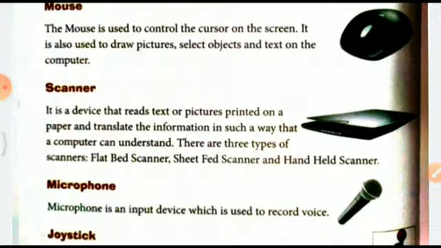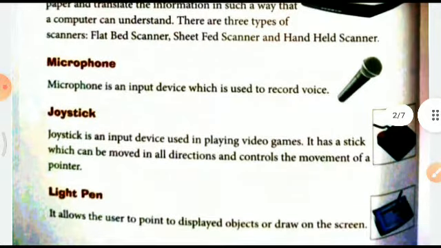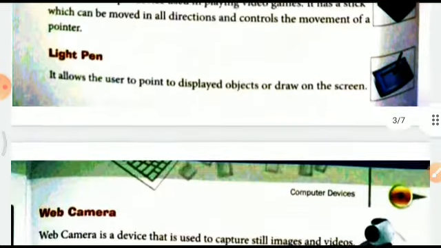So they need to be highly receptive in order to produce those effects. Then we have joystick. It is a device used to play games. It has a stick which can move in all directions. Then light pen, it allows you to point to displayed objects or draw on the screen.